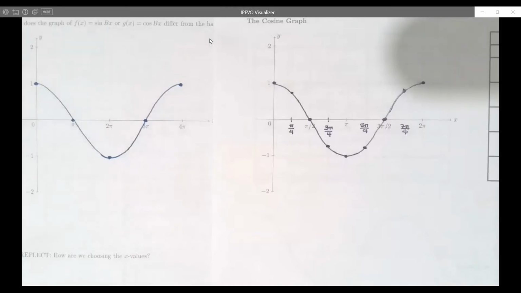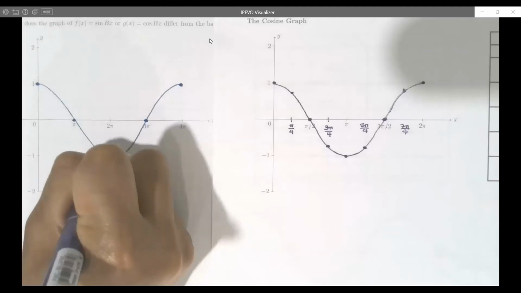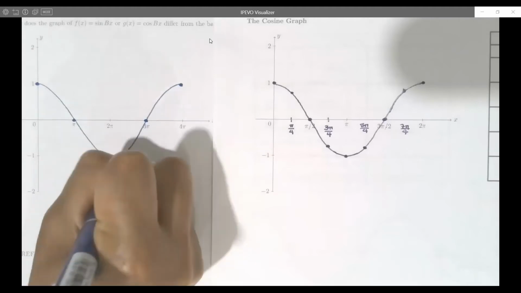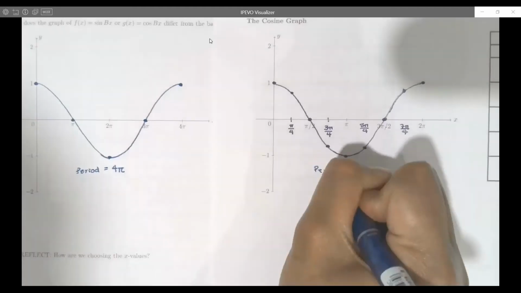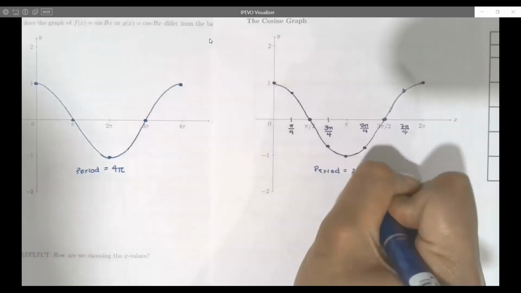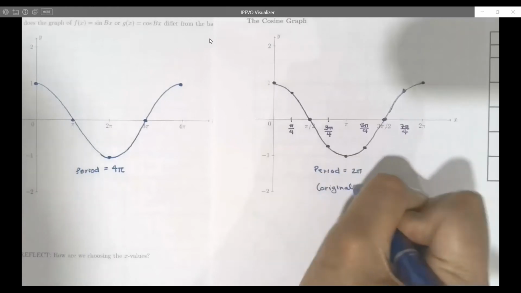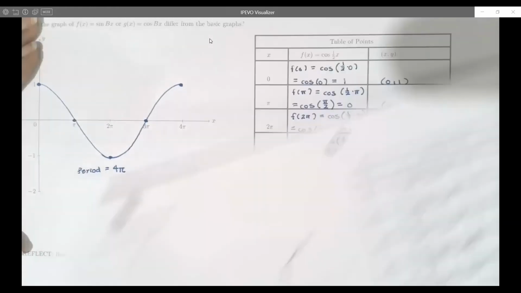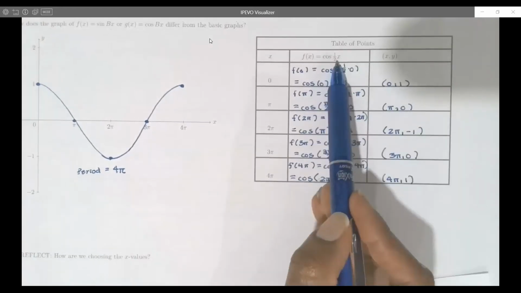So here the period is 4 pi instead of 2 pi. And this is the original. And this is the one that now has this 1/2 attached to the x.